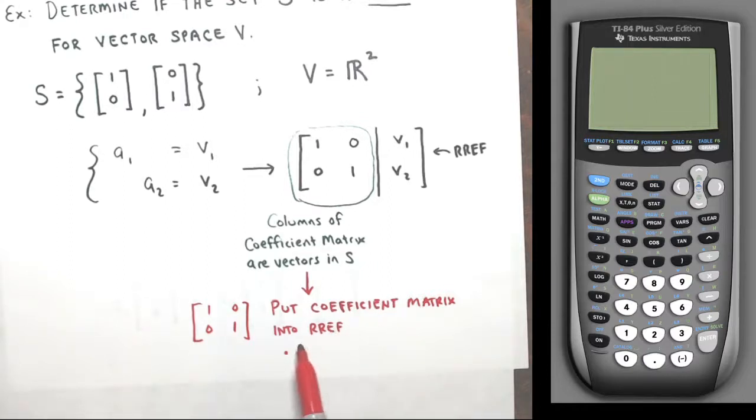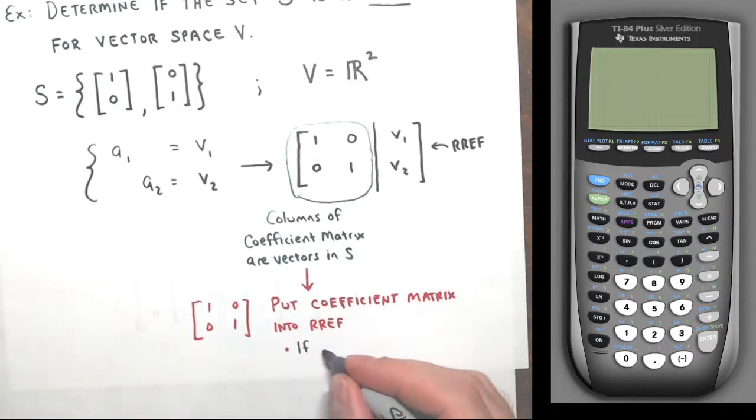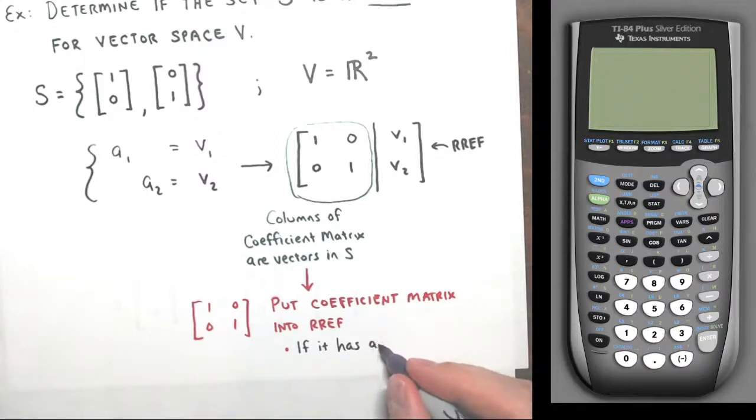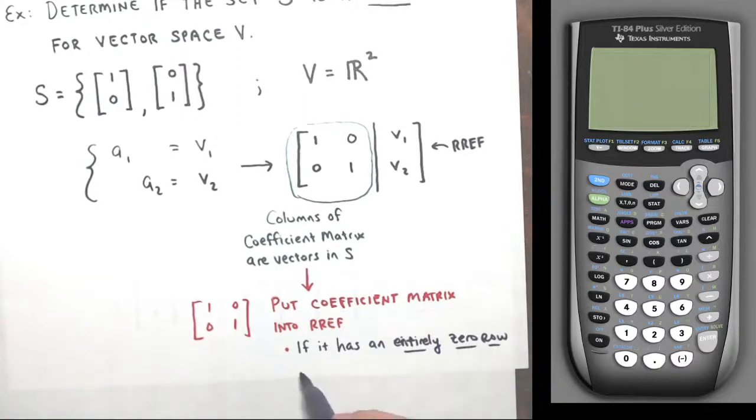So I put the coefficient matrix into reduced row echelon form, and if it has an entirely zero row, then S, the set of vectors, will not span the vector space. And if not, then it will.